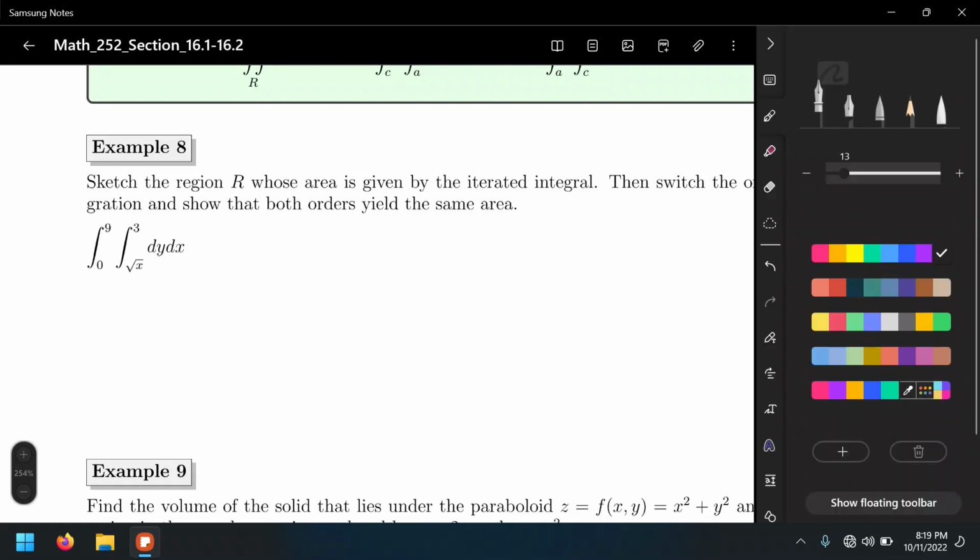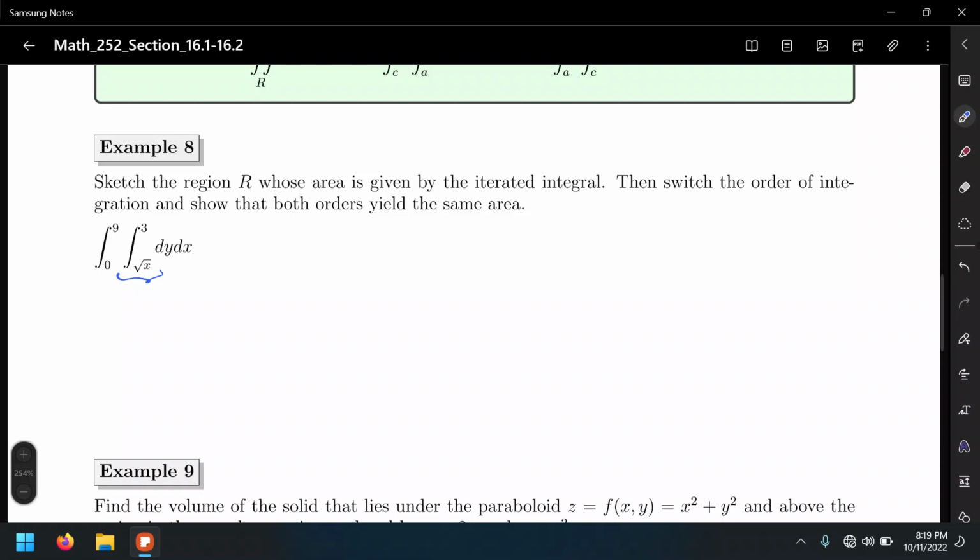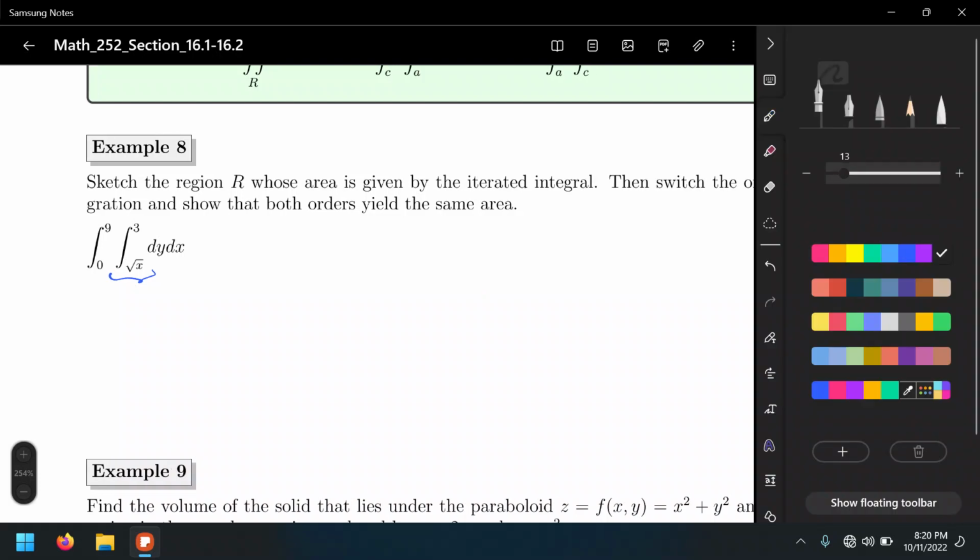So notice the innermost integral has an upper limit of 3 and a lower limit of square root of x. That means this came from a vertically simple region, which is going to look like this.